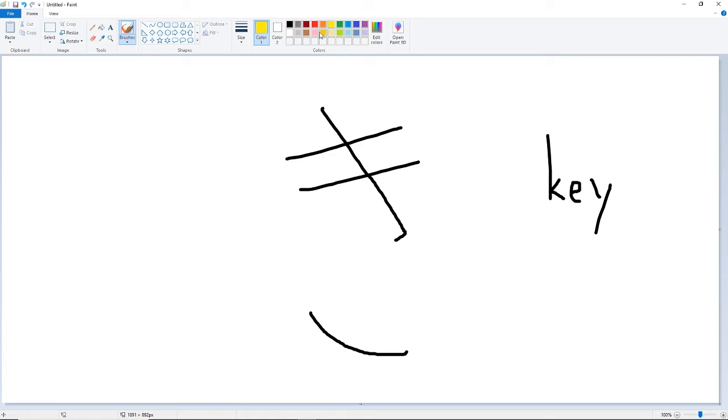So keys, let's see. I think that's too light. Keys look like this, right? I'm not really a good artist. But that's what a key looks like. Maybe it's got a thing there, right? That's kind of what the top part of a key looks like.